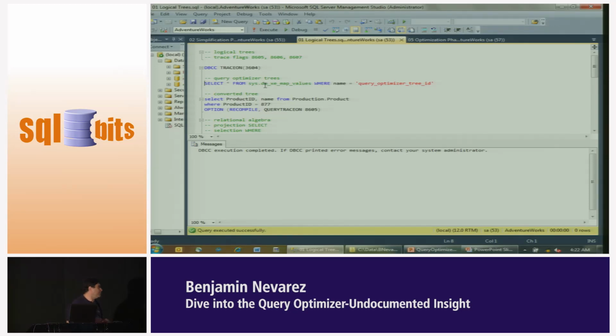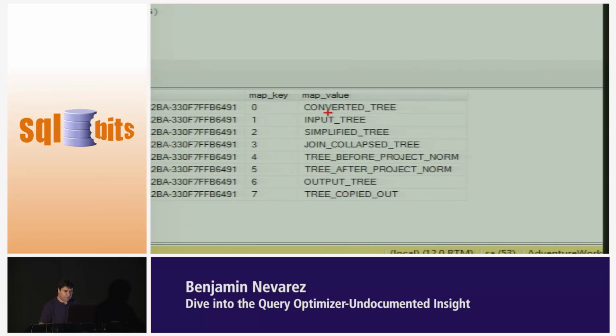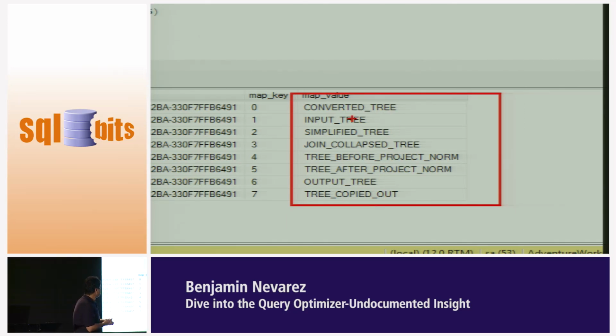Although much of the information about the internals of the optimizer is not really available in SQL Server, we have a query like this, for example. This is a query that shows all the different trees that the query optimizer is using.